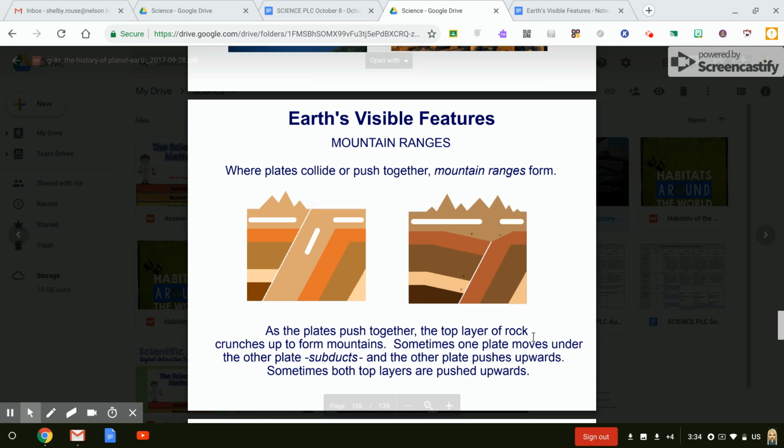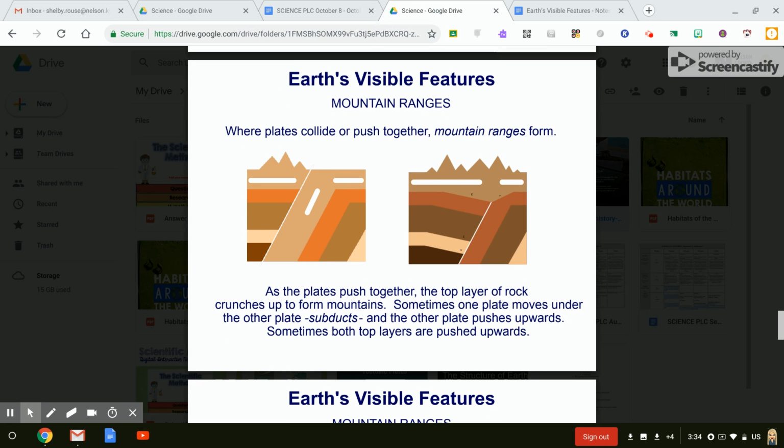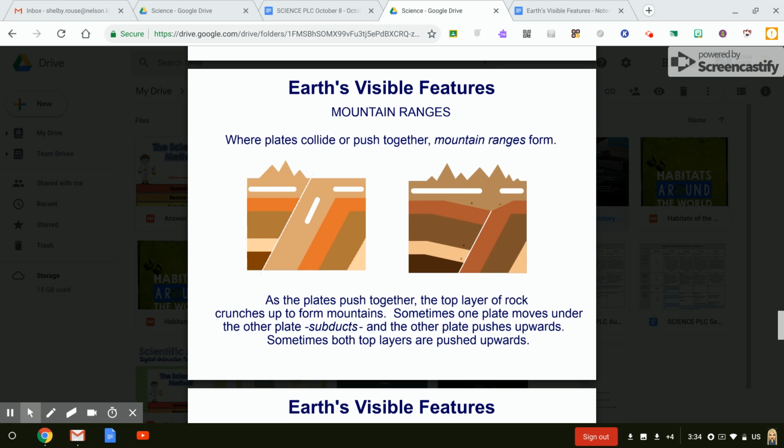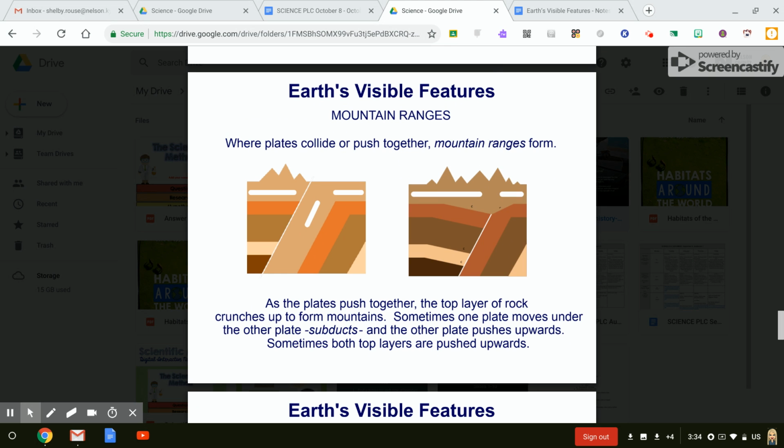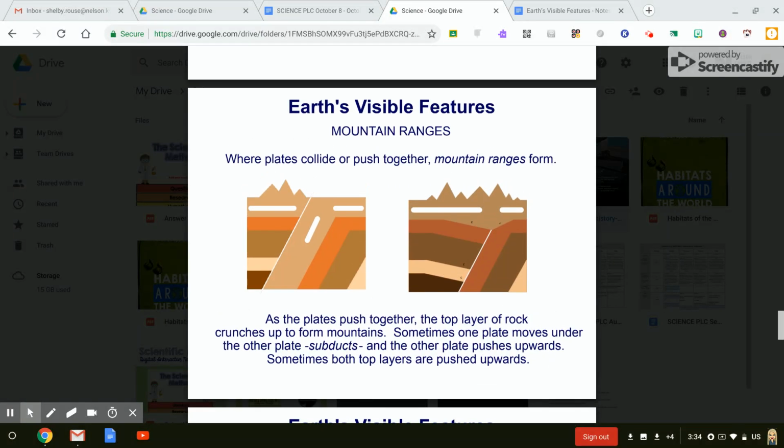As the plates push, the top layer crunches up to form mountains. Sometimes one plate moves under the other plate, or subducts, and the other plate pushes upwards. Sometimes both top layers are pushed upwards.